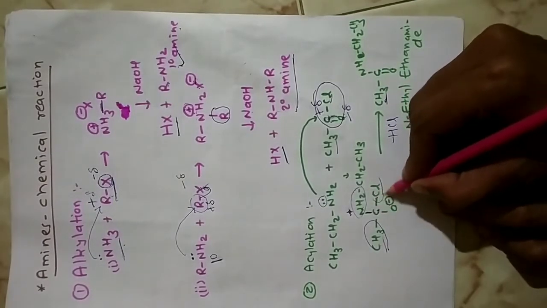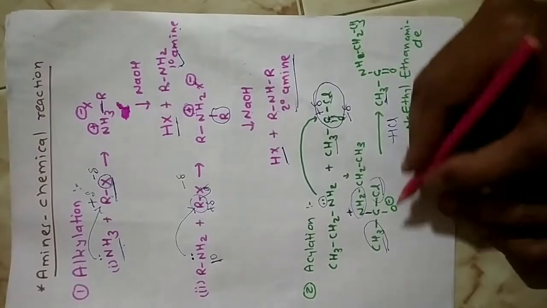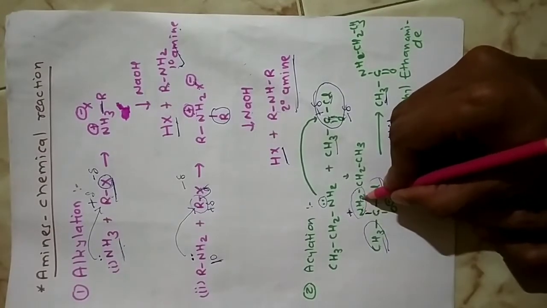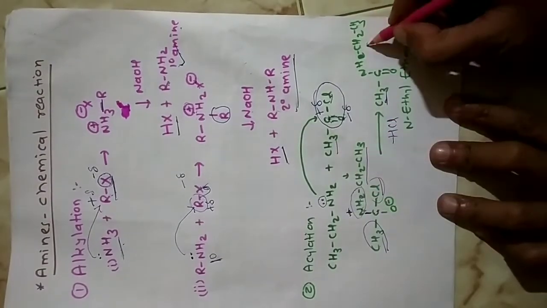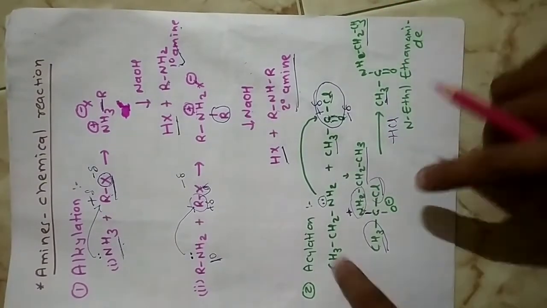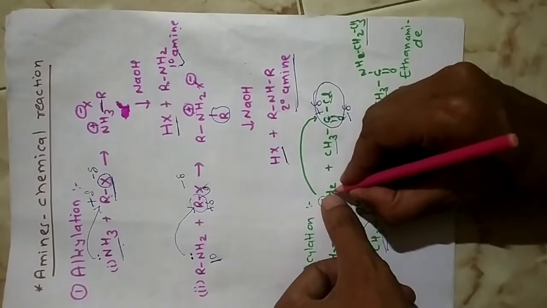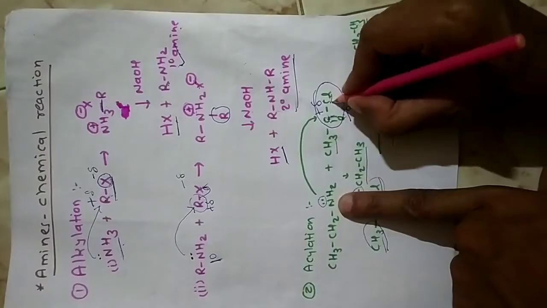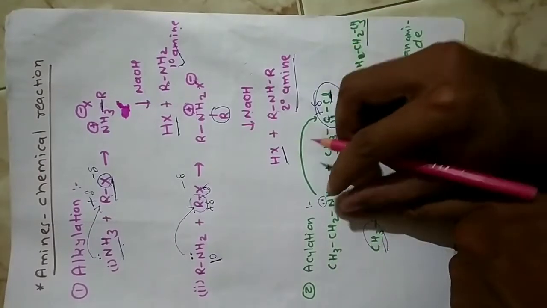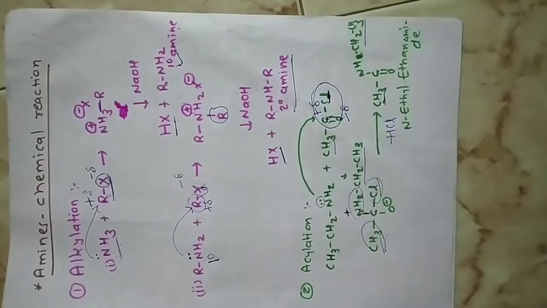This Cl is lost, so no Cl is there now. Here one hydrogen is lost, so NH, then CH2, CH3. What you have to do is just remove H and Cl, hydrogen from NH2 and Cl from COCl, and combine them. You will get your product.